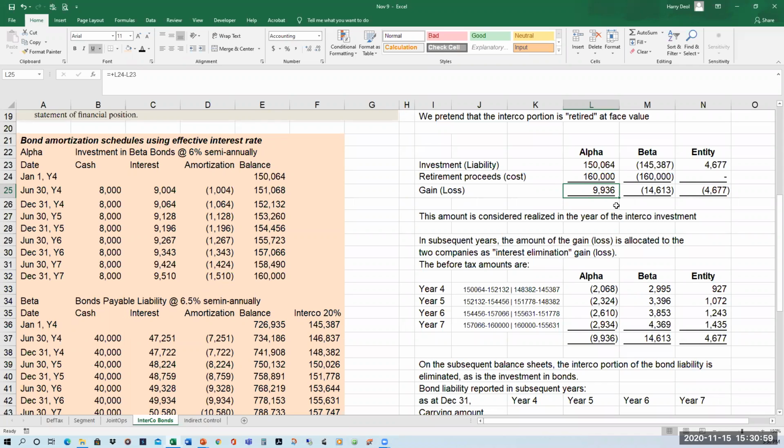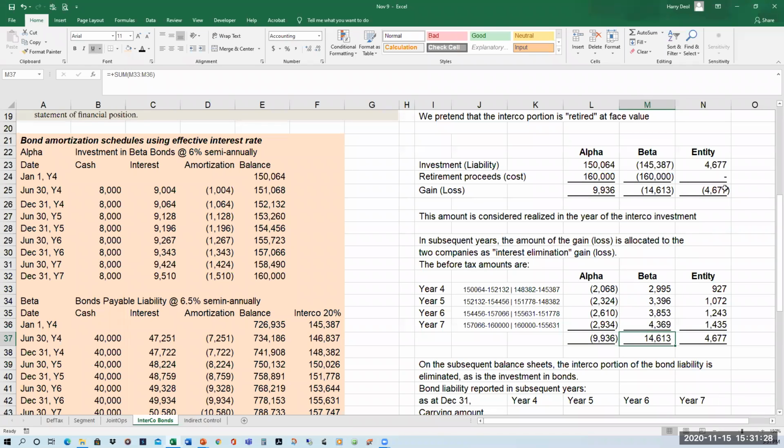So initially, we allocate a gain amount of 9,936 to alpha, but that gain amount reverses due to interest elimination losses over the 4 years. And initially, we had allocated a loss of 14,613 to beta, and that loss gets reversed over the 4 years in the form of interest elimination gain.